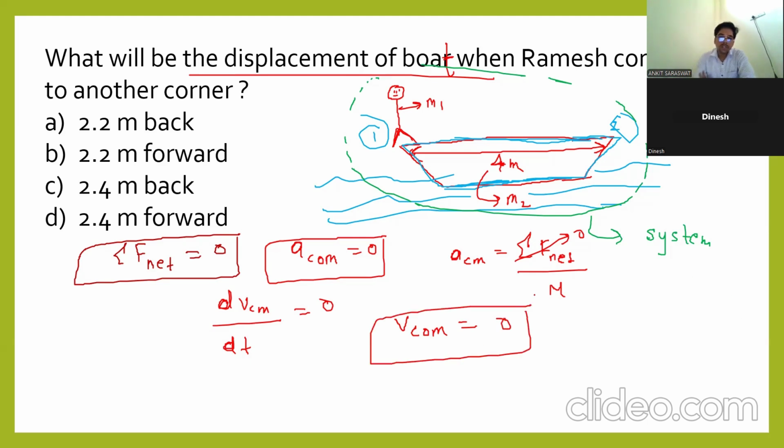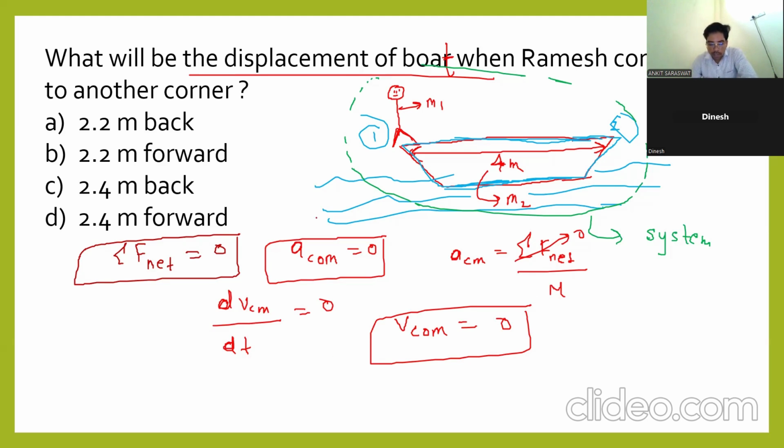If initially the center of mass had some velocity, then finally it would also have the same velocity. Initially at rest, net force is 0, ACM is 0, then the velocity of the center of mass is constant, and this constant is equal to 0. Because initially the center of mass is at rest, finally it is also at rest.